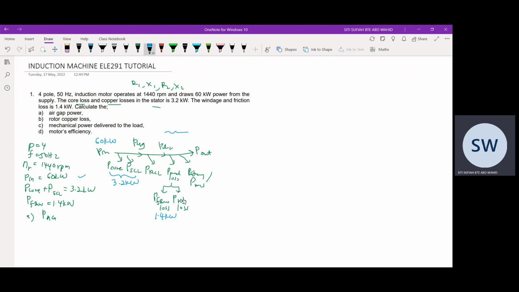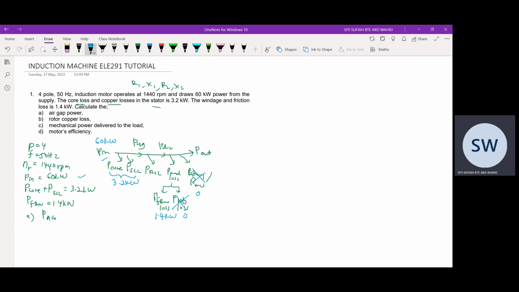For example, we don't have this, so we assume that P rotational is 0 and P stray or P miscellaneous is 0. Okay, but PRCL you cannot assume 0. The other loss that you can assume 0 when it's not given is P core. Okay, but in this case P core is given together with the PSCL.